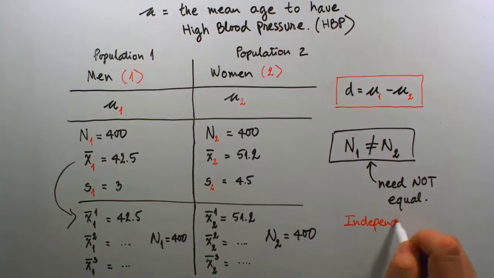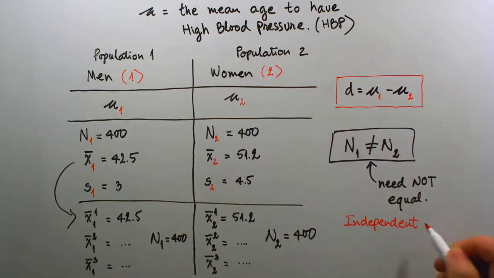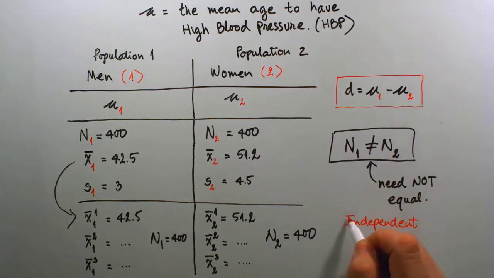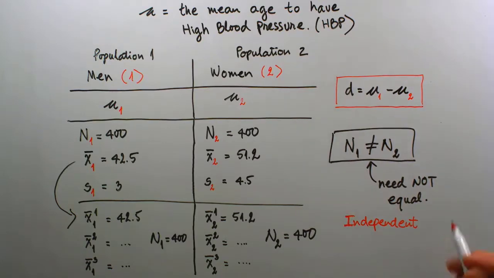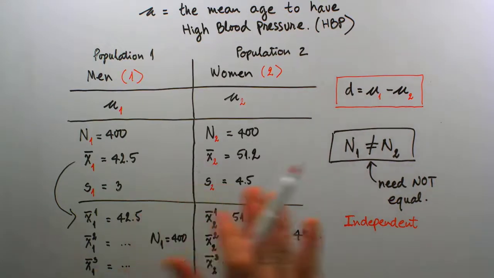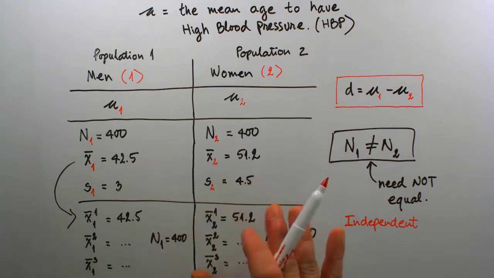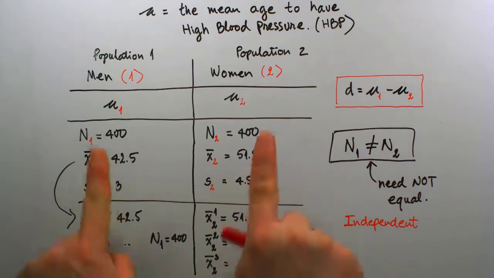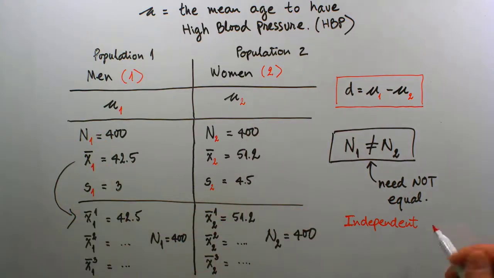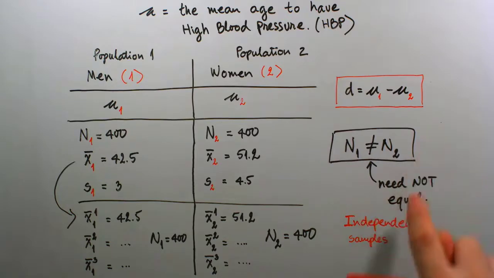There are other kinds of problems where we're working with dependent samples, but that's not within our class to learn right here. So this video lesson aims at treating these two samples as independent samples, as in they came from independent populations. And independent samples are allowed to have different sample sizes.